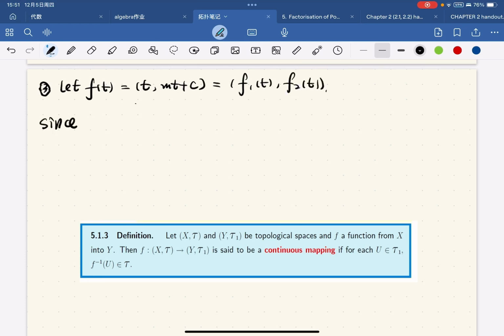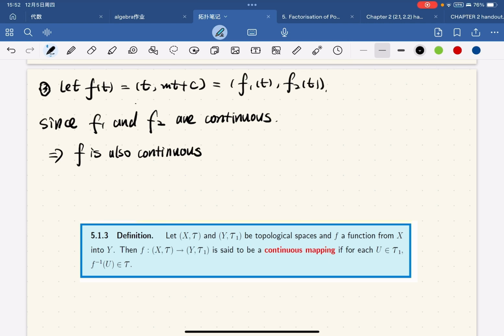Since both f1 and f2 are continuous, we have f is also continuous. So f of U is open set in R.